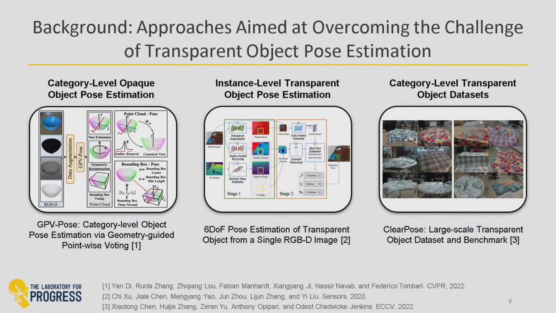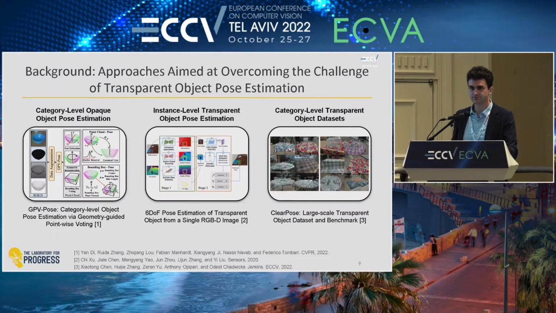And so the community has been working on approaches to try and address these challenges. We take inspiration from these works, and this is just a high-level summary of three broad areas that we've tried to leverage in this project. First, on the left-hand side, category level opaque object pose estimation has grown recently, extending the traditional instance level techniques to work at the category level. But crucially, these works have not targeted transparent objects and the challenges that they present.